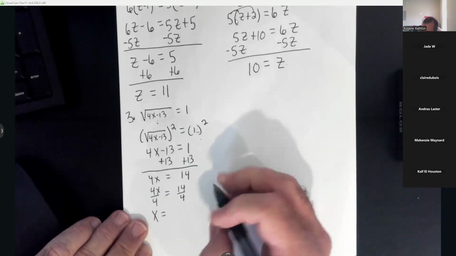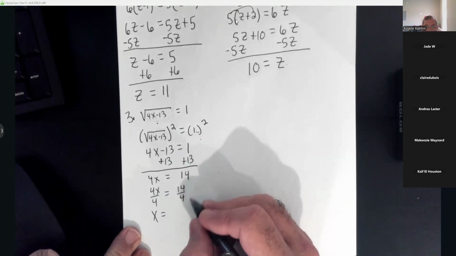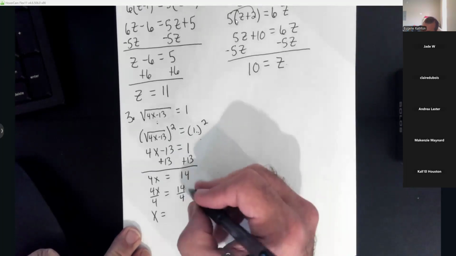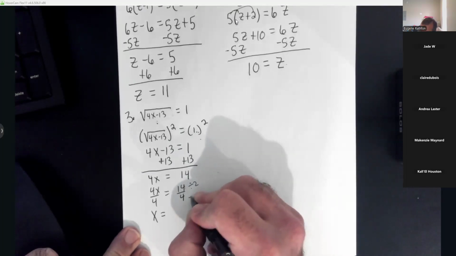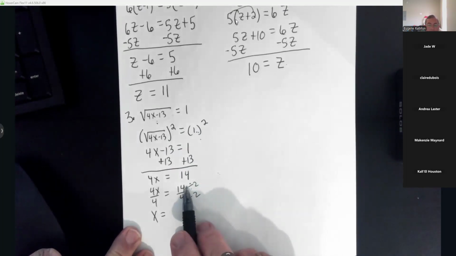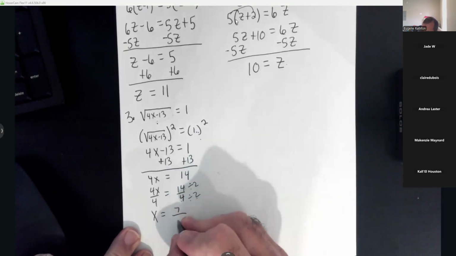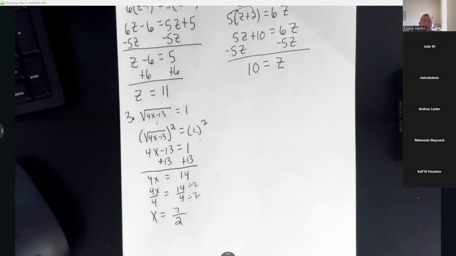I get my x. All right, 14 over 4. You can't divide it, but this will reduce, because both of these divide by a 2. So 14 divided by 2 on top gives me a 7. 4 divided by 2 gives me a 2. So the final answer was 7/2.